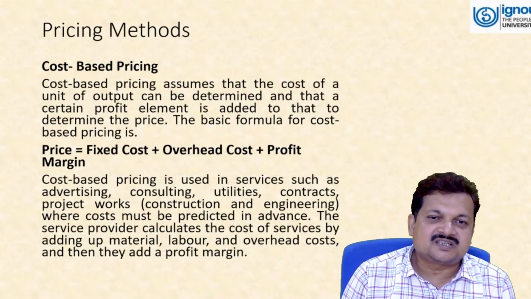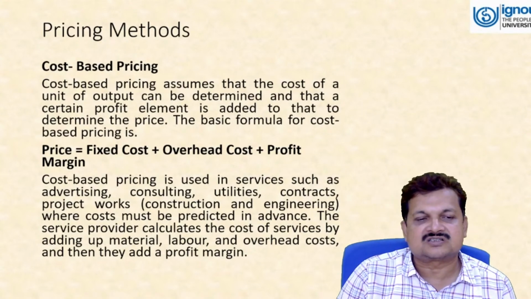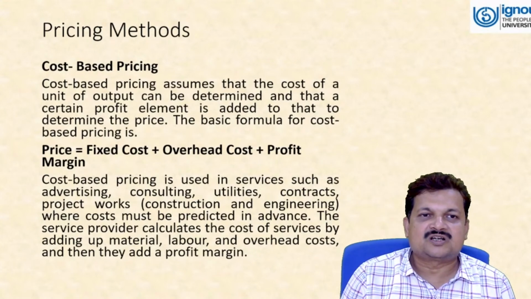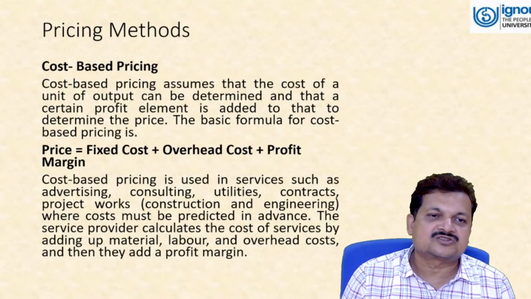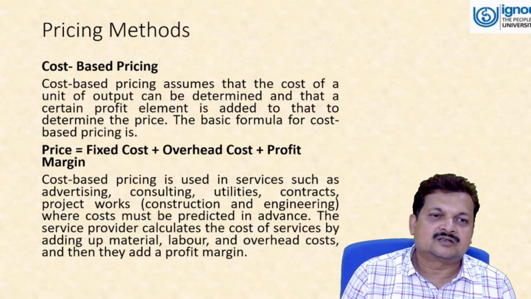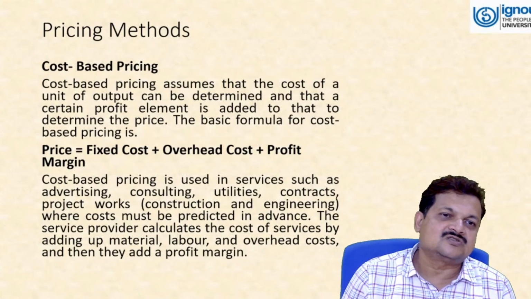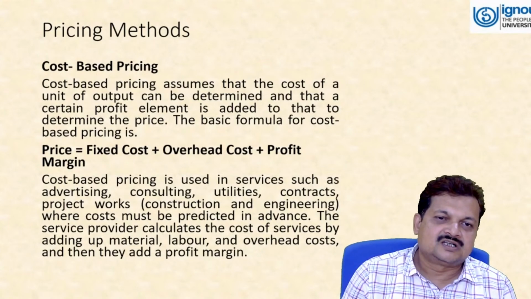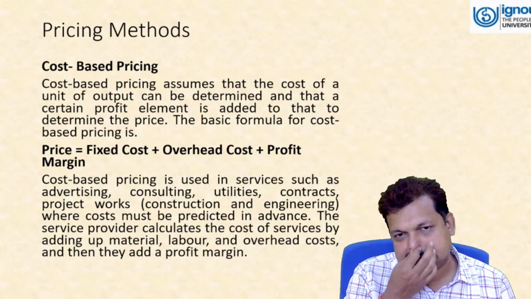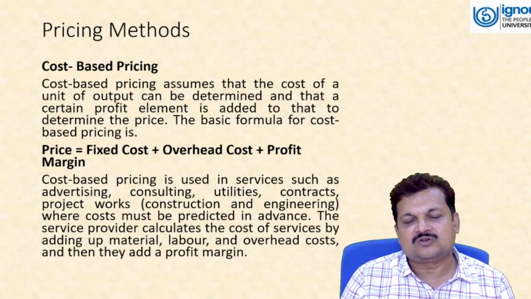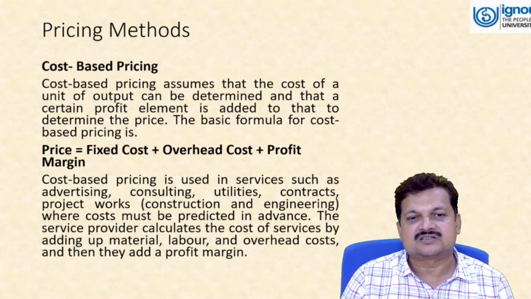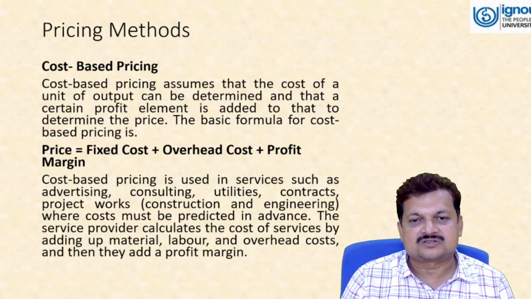Here, cost-based pricing is used in services such as advertising, consulting, utilities and contract projects. For advertising, there is the production cost, the celebrity cost if a celebrity is used, the channel cost and the scheduling cost. When all these costs are added, that is your cost-based charge. Then consultancy cases: they consider the different activities they will do and charge for them, and after adding everything they state the total cost.